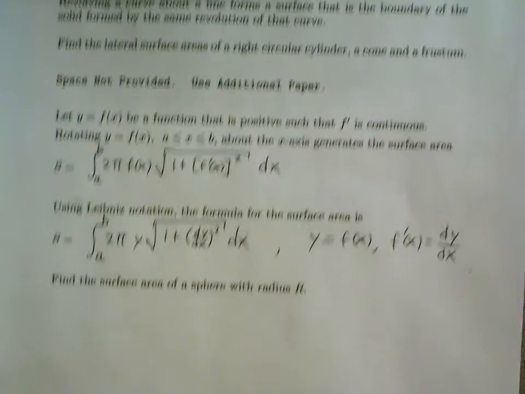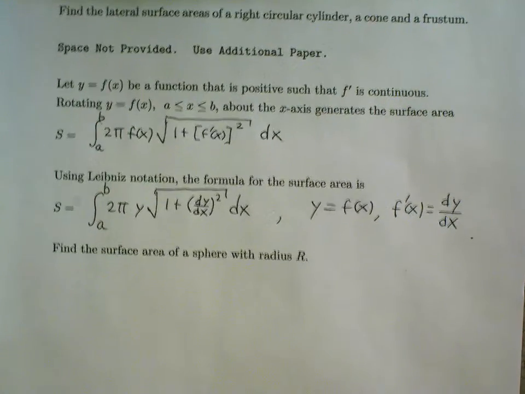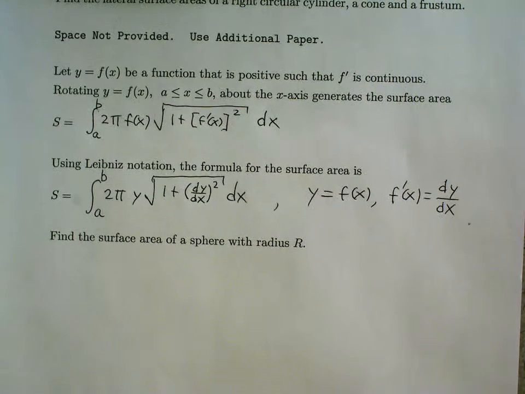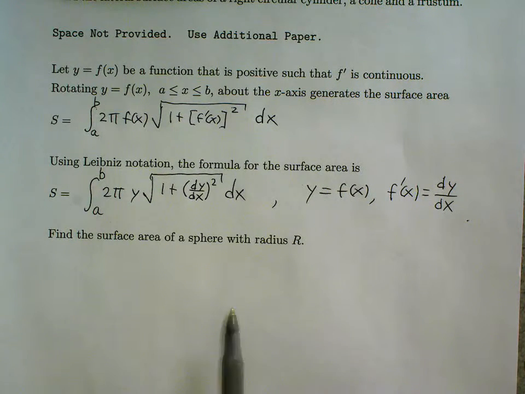Okay, so our first exercise using the formula: find the surface area of a sphere with radius capital R. So any ideas on how to find the surface area of a sphere with radius capital R?